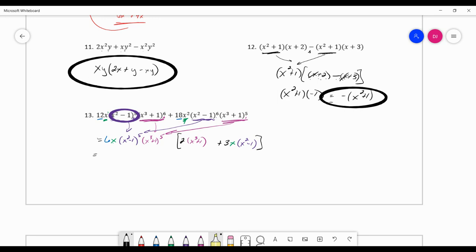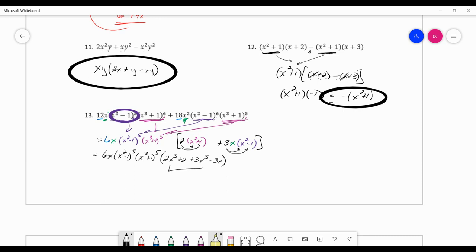So at this point, what I have is 6x, x squared minus 1 to the 5th, x cubed plus 1 to the 5th. And then what's going on in here is 2 times x cubed, 2 times 1, 3x times x squared is 3x cubed. 3x times negative 1 is a negative 3x.